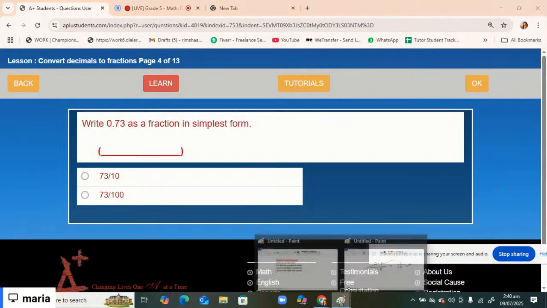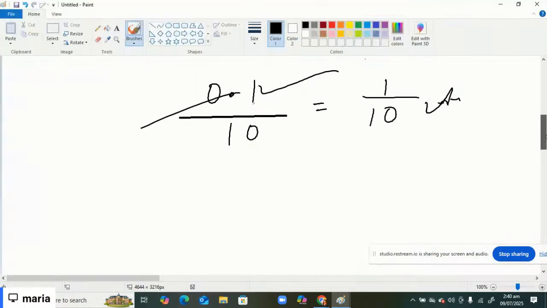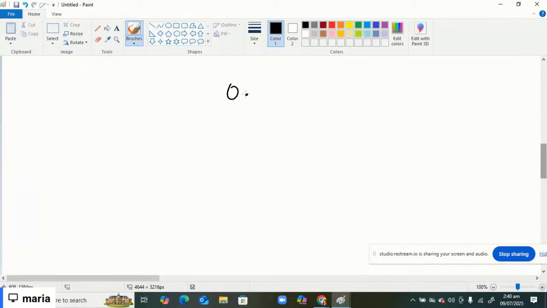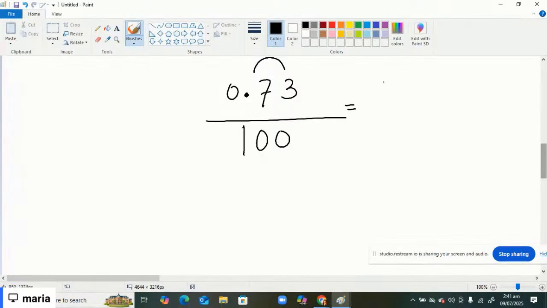Now 0.73 as a fraction in the simplest form. 0.73. Let's see, in place of this point I'm going to put 1. And how many digits after the point? There are 2 digits, so you put 2 zeros here. So now this is 73 over 100.